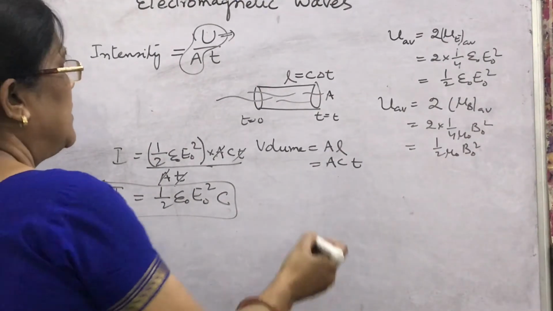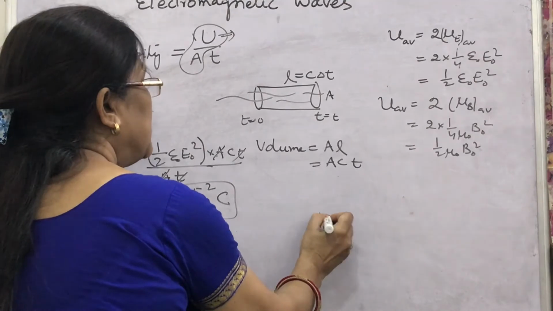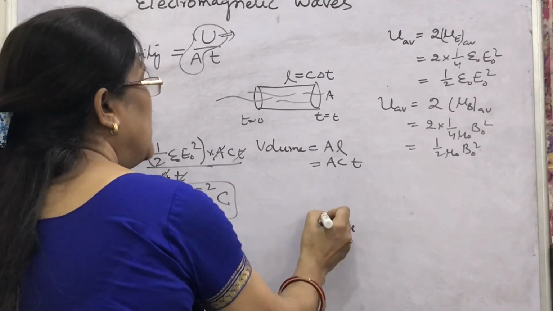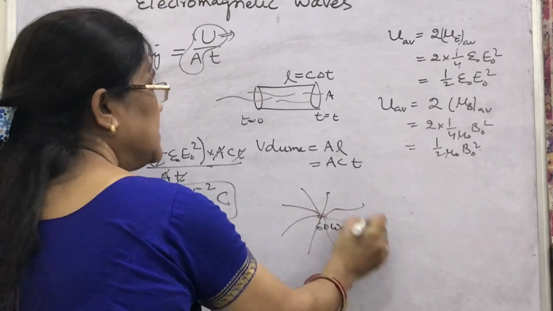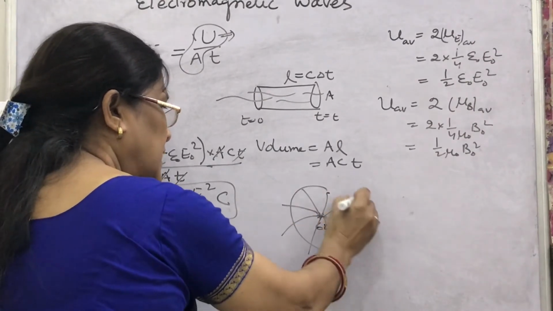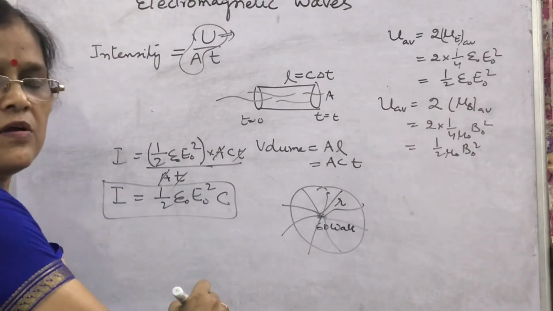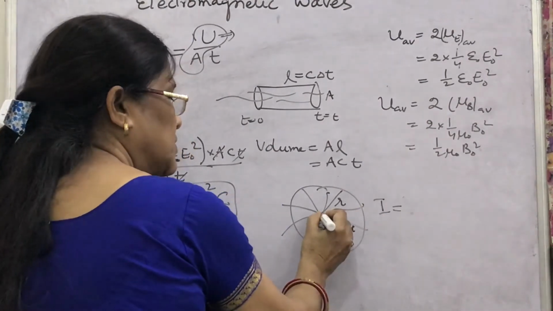Otherwise, light is also an EM wave, a transverse wave. For a point source, suppose a bulb of 60 watt, okay, a 60 watt bulb will give 60 joules energy per second in all directions. Suppose it is placed at the center of a sphere of radius r, then what will be the intensity of this source?